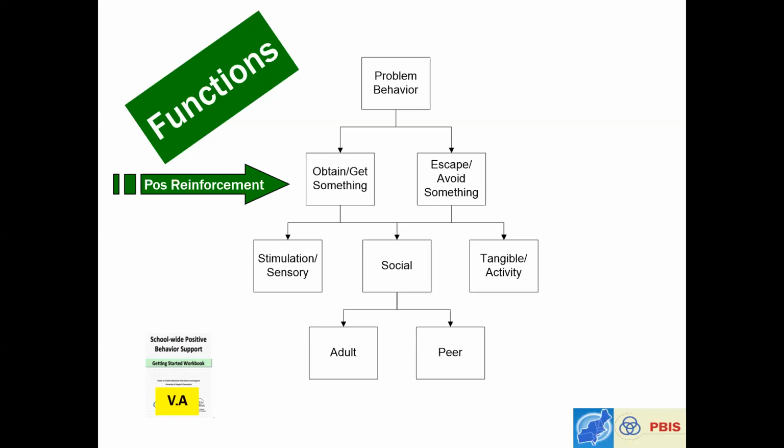When someone escapes or avoids something undesirable as a result of the problem behavior, the behavior is still being reinforced or strengthened, but this time it's called negative reinforcement because something is being taken away or subtracted from the environment.